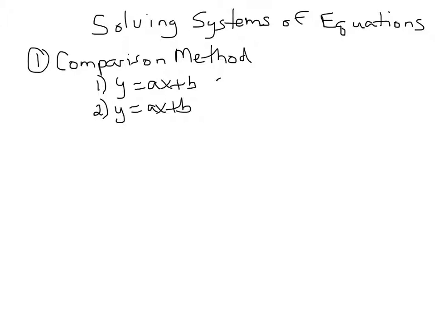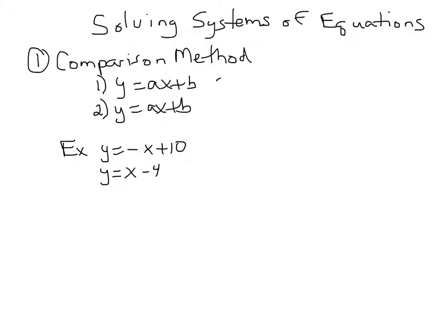I'll do one of the examples that's in your book that you asked me about. I'm going to do 2a first on page 41. So they have y equals negative x plus 10, and y equals x minus 4.